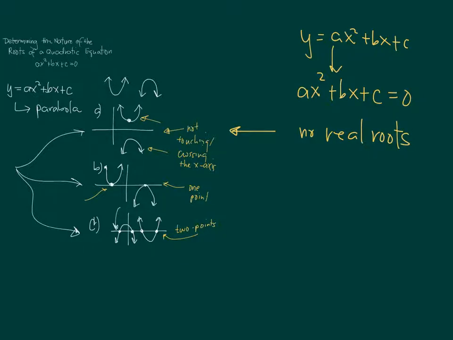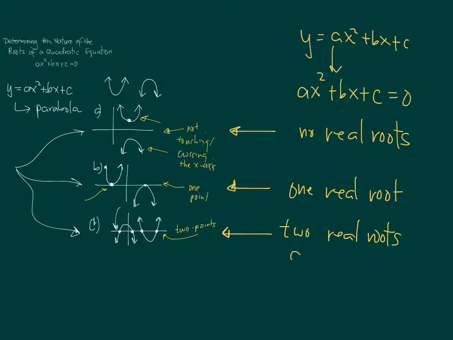So that's the nature of the roots. You cannot cross or touch the x-axis. The second one, you have one real root, and the third one, since it crosses the x-axis at 2 points, you have two real roots, and these roots are distinct.